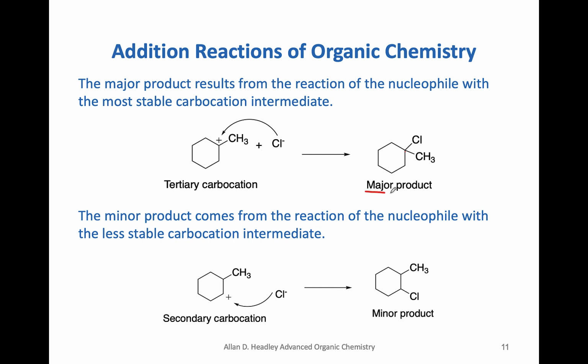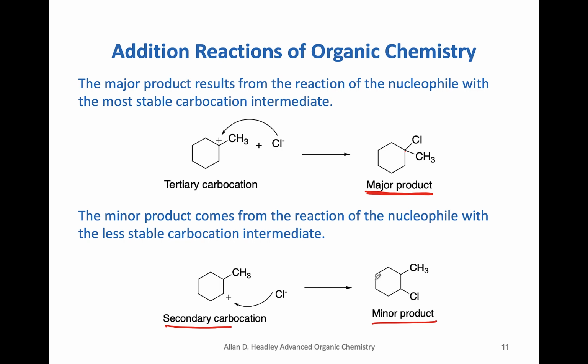As you can imagine, this is the major product because it came from the more stable carbocation. We could rationalize that to mean that we have more of the tertiary carbocation because it's more stable compared to the secondary carbocation, which gives the minor product. So here are the two products, here and this one.